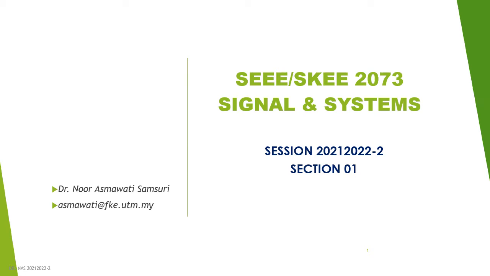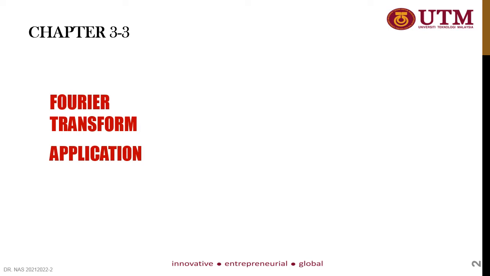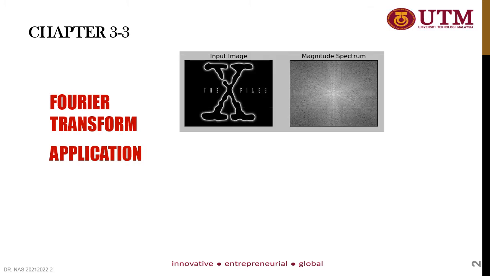So today we are going to continue with Fourier transform application. Okay, the last part of chapter 3 is Fourier transform application. So let's look at this image. The input image is originally very sharp, and when you look at the magnitude spectrum, you cannot actually see the main shape of the original signal.